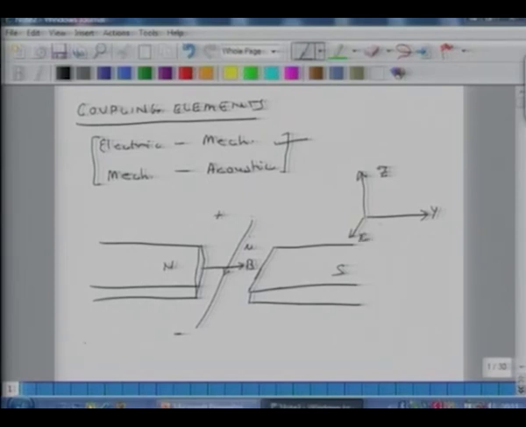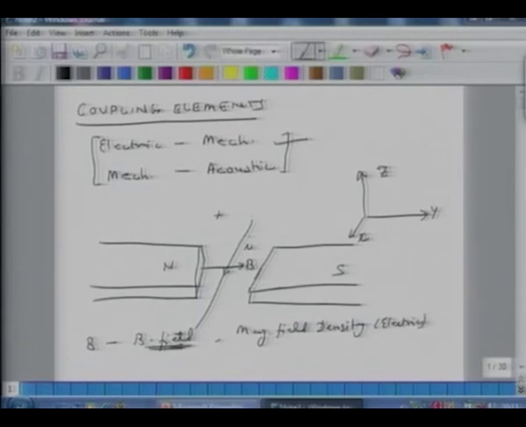XYZ. So this B has several names. Some people call it B field. Others, especially electrical engineers, call it magnetic field density. I think B field is typically used by physics people.